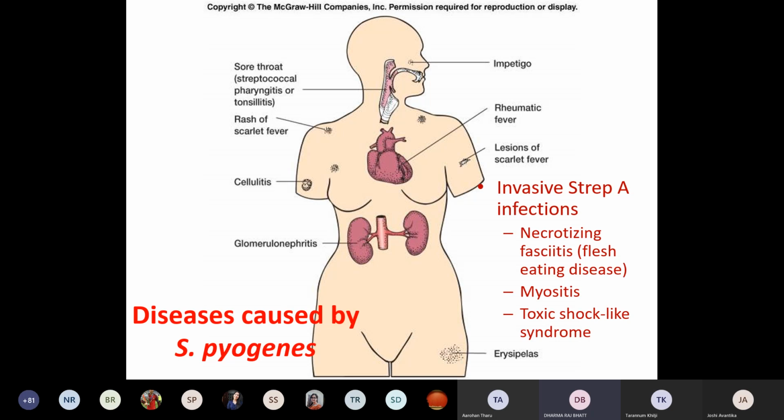After that, respiratory infection, as we said, streptococcal pharyngitis or streptococcal sore throat, is more common among children. Apart from these, you must have studied in your previous classes necrotizing fasciitis caused by group A streptococci, myositis, and toxic shock-like syndrome, which is actually caused by Staphylococcus aureus, but Streptococcus pyogenes can also sometimes lead to a similar condition.